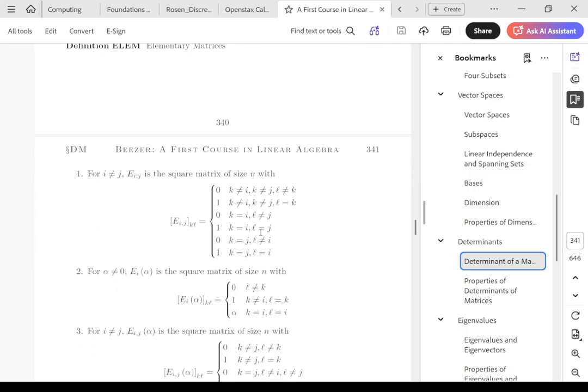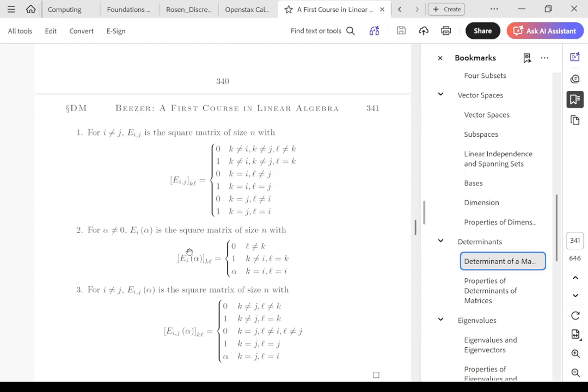This has the first one where I does not equal J, then it has all of these definitions here, K is equal to I, L equal to J. Again, it's very overwhelming trying to look at all these subscripts.